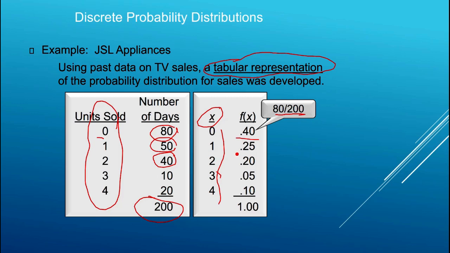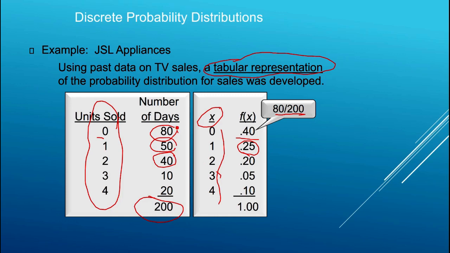On 40% of the days, we didn't sell anything. Likewise, on 50 of the days, we sold one television. So we take the 50, we divide it by the 200, and we get our relative frequency of 0.25. So we say that the probability of selling one television in any given day is equal to 25%.